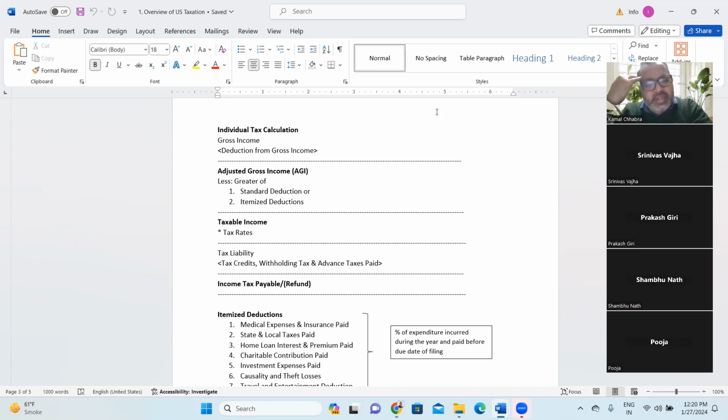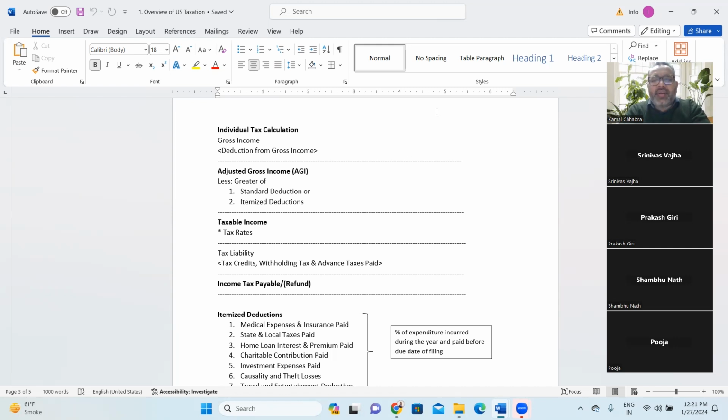Then we'll be discussing deductions or exclusions from gross income: what all things you can reduce from the gross income to arrive at the adjusted gross income. After the adjusted gross income, you can take the benefit of either the standard deduction or itemized deduction, whichever is more beneficial to your client or to yourself.